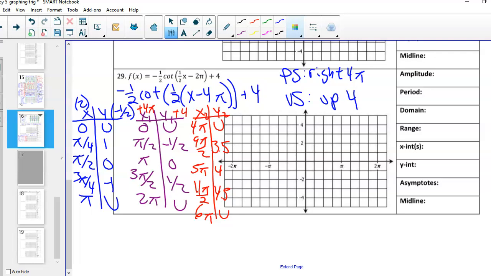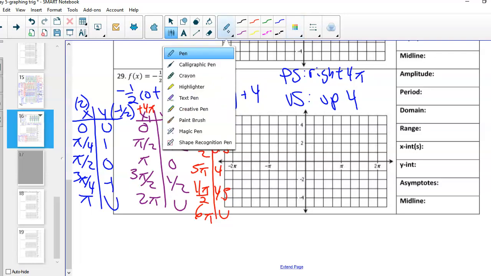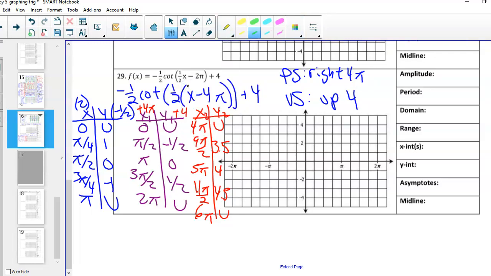None of these points actually help me graph anything because none of these fall in the space of my graph. But what I can see are patterns. I see that every 2 pi there's going to be an asymptote. So if I go back 2 pi, there would be an asymptote. If I go back 2 pi more, there'd be another asymptote, and another.